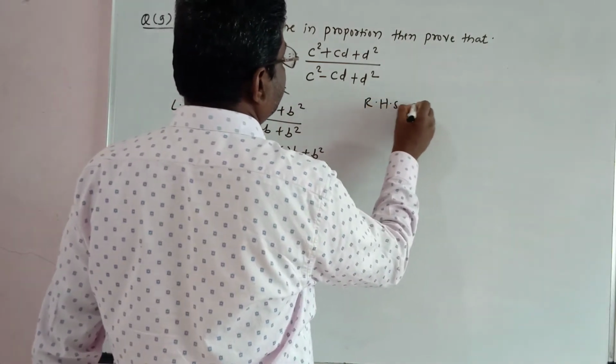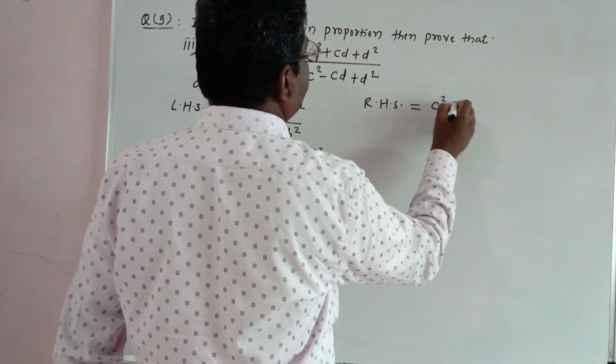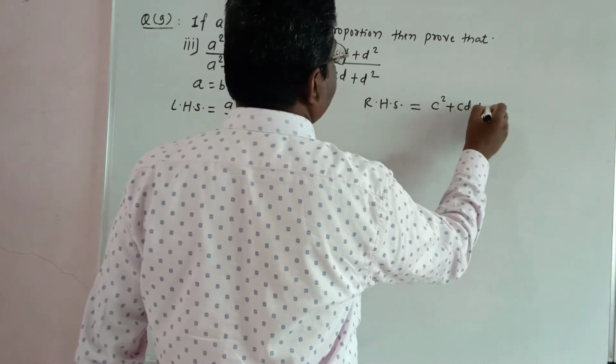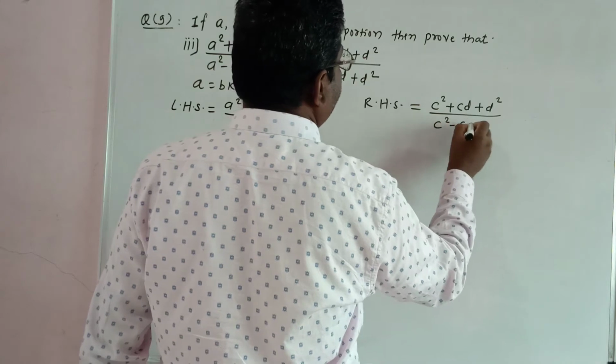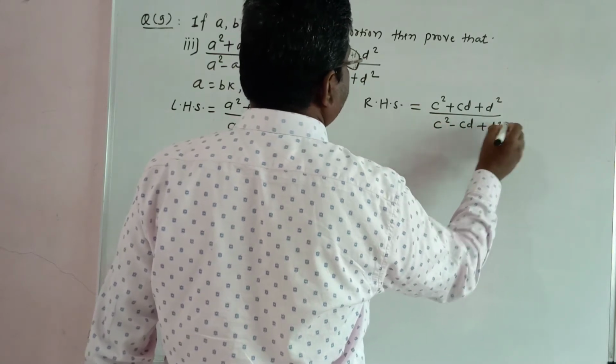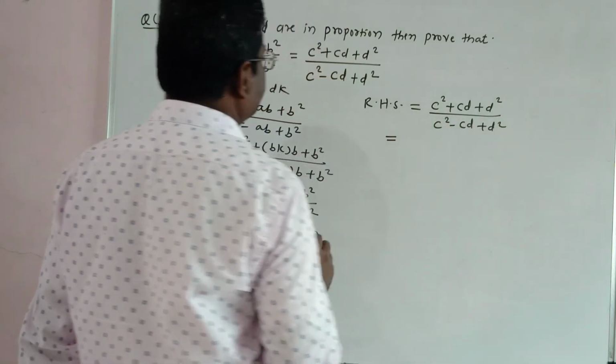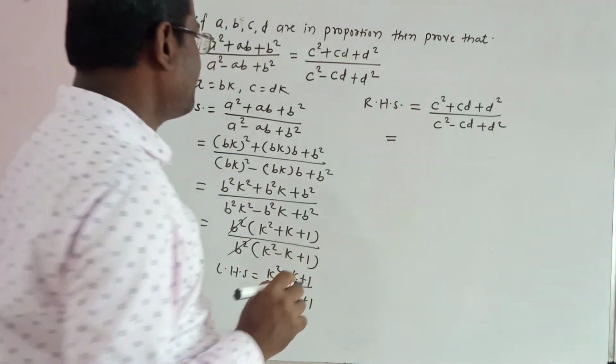RHS is equal to (c square plus cd plus d square) upon (c square minus cd plus d square), c is equal to dk.